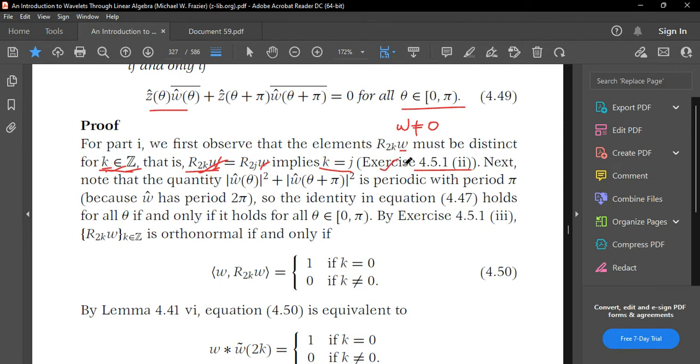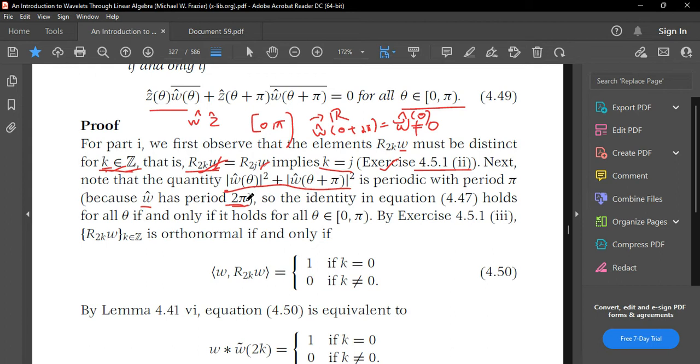Now we will prove that this quantity is periodic with period pi, because w cap has period 2 pi. We have taken w and initially we have this w cap and z cap etc. Initially we have defined it for 0 to pi, and we have extended it to the full real line by taking the period 2 pi, that is, w cap of theta plus 2 pi is equal to w cap of theta.